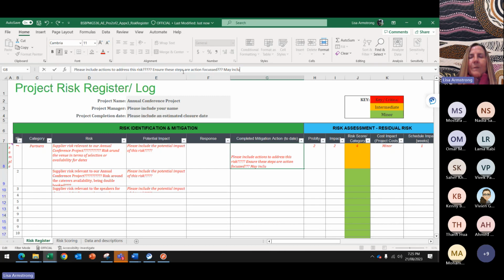They include exactly contingency plans or actions to address barriers. Very, very good.